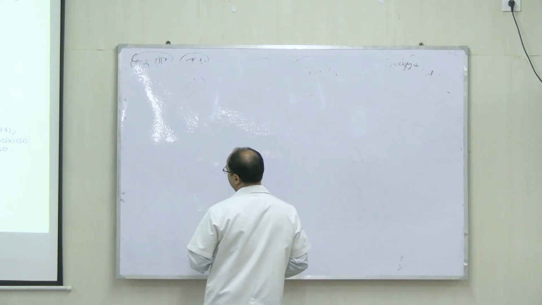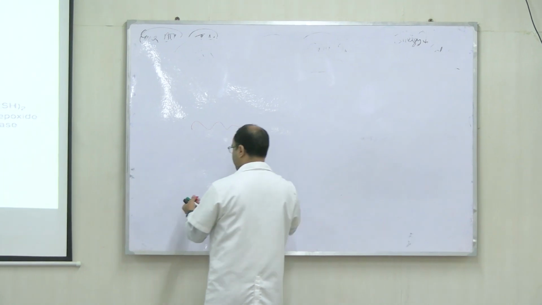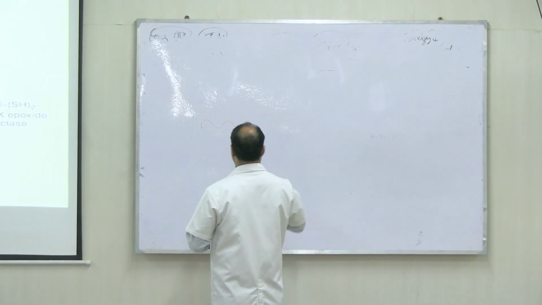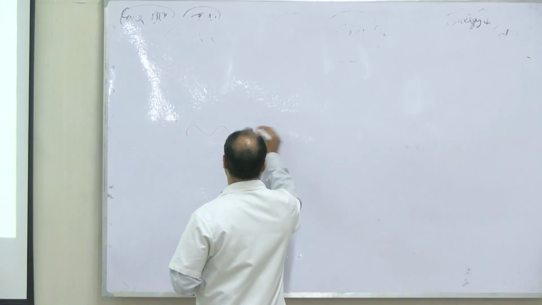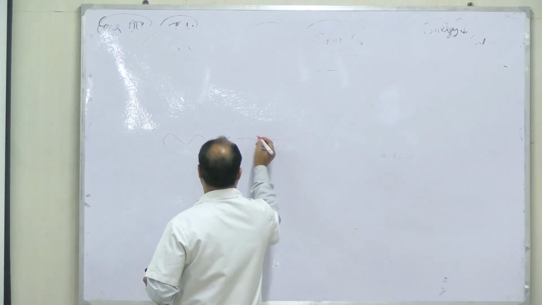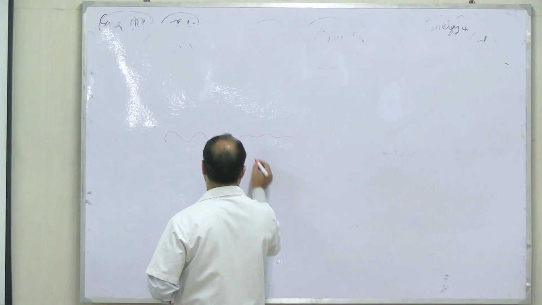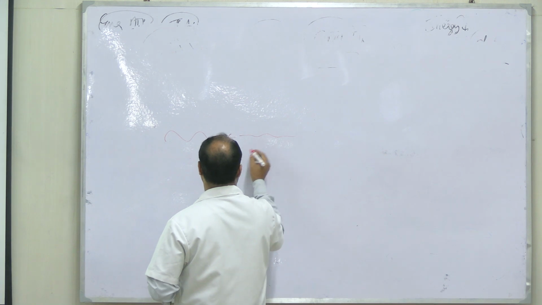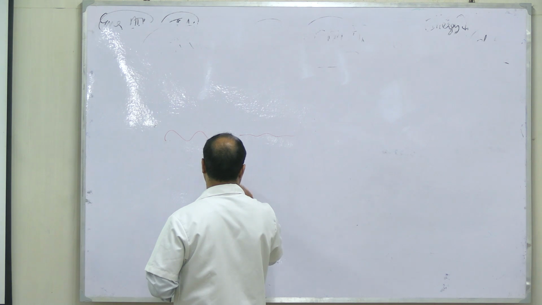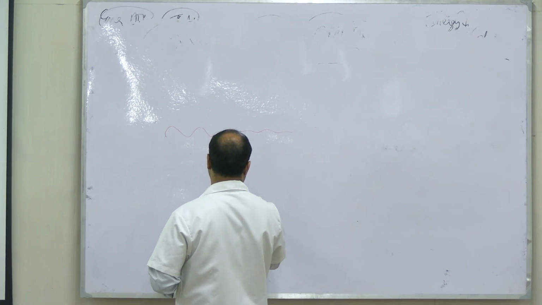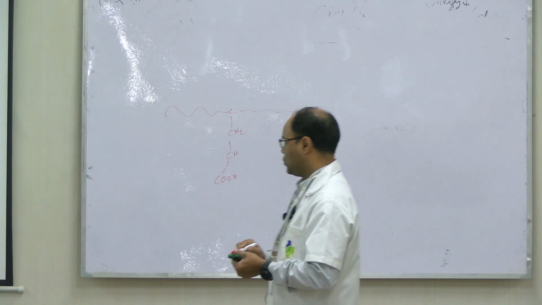Say for example, this is a clotting factor. This is actually a protein peptide chain. Here we have alpha carbon, beta carbon, gamma carbon, and COOH attached. Say this is clotting factor 2.